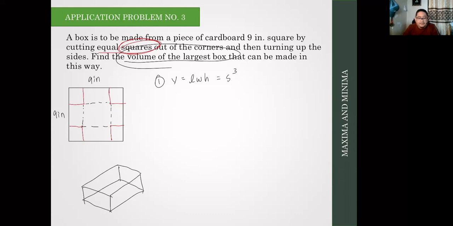Okay? So, kailangan kunin natin yung dimensions. Okay? So, kung halimbawa ang size nung kinat natin na corners na squares ay x by x, since square nga siya. So, ano magiging dimension ngayon nung mga sides natin? So, itong ilalim natin na portion. So, okay? So, sa figure natin na 3D, ito 'yan.